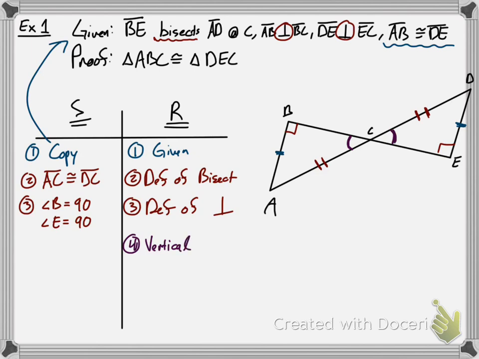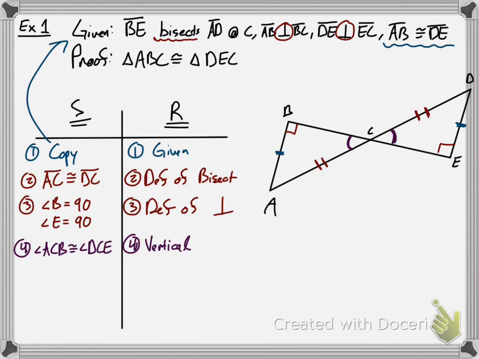All right, so we have angle ACB is congruent to angle DCE. And now we do have enough information to move into phase 3 where we find our shortcut.